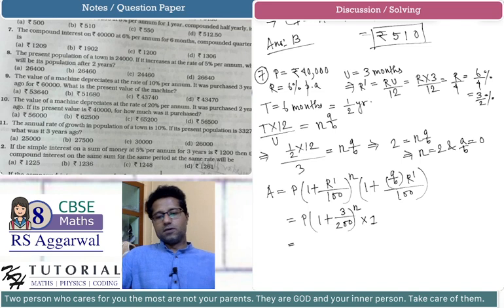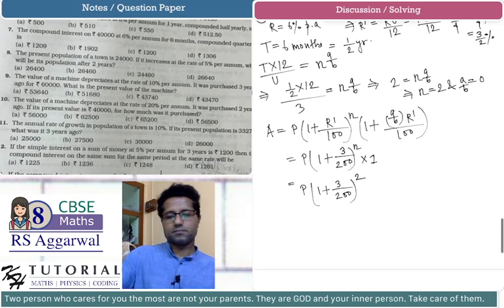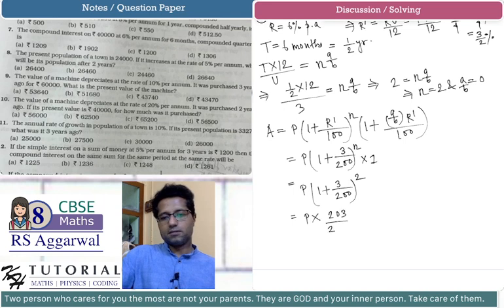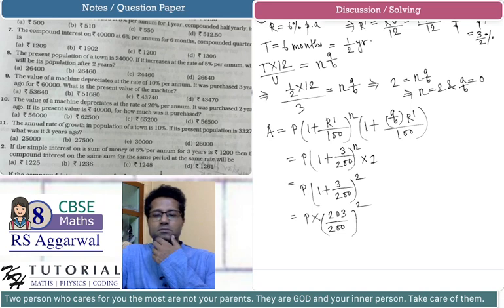So this is equal to P, and what is n? So this is 1 plus 3 by 200 square. N is equal to 2, so this becomes square. So this is P multiplied by 1 plus 3 by 200, which is 203 by 200 square. This will be a very big number.